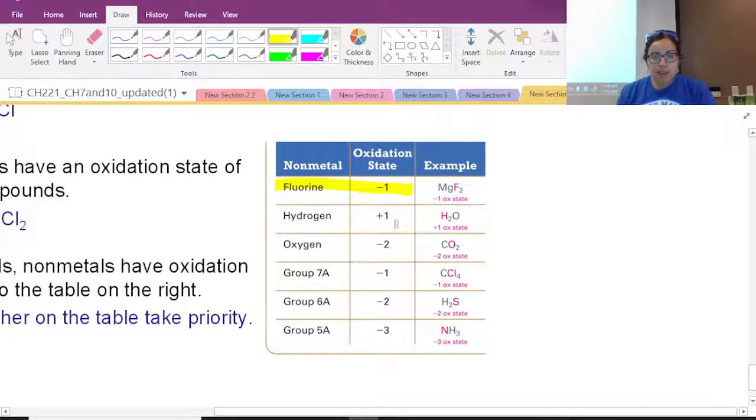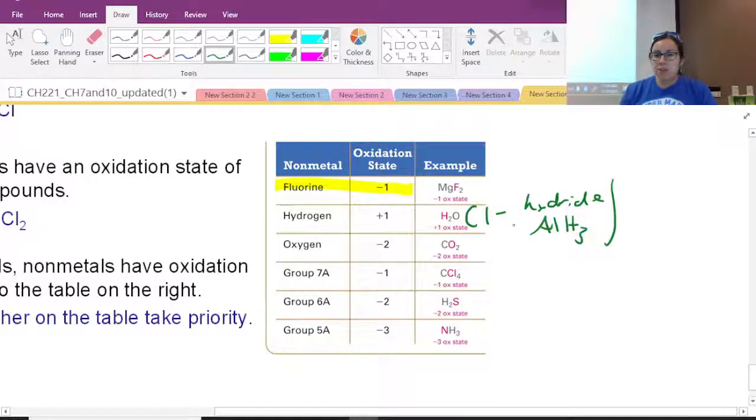Hydrogen is next, and it's usually 1+, unless it's in a hydride, like aluminum hydride. These metal hydrides are the only exception for hydrogen. Otherwise, it's 1+. Our other one to base things off is oxygen.